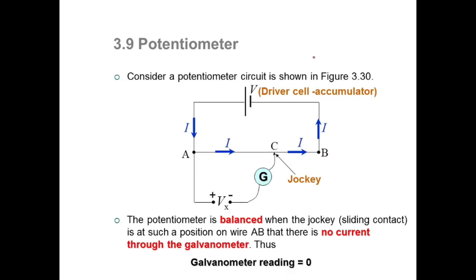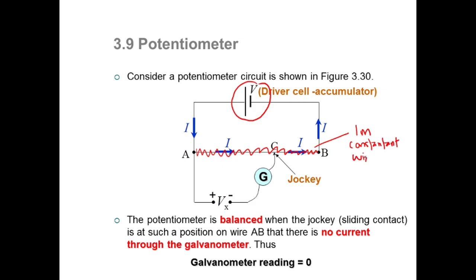What is a potentiometer? A potentiometer is a circuit that consists of a driver cell or accumulator, a battery or power supply, connected to a long straight 1 meter constant wire.